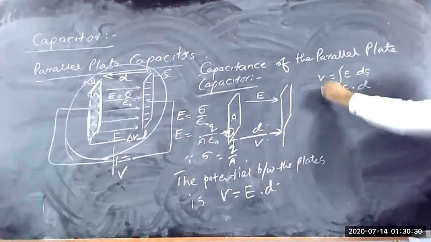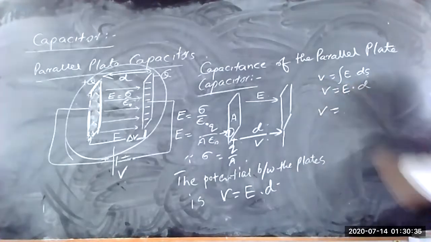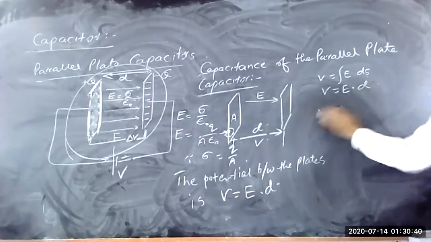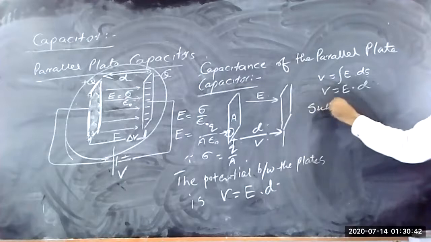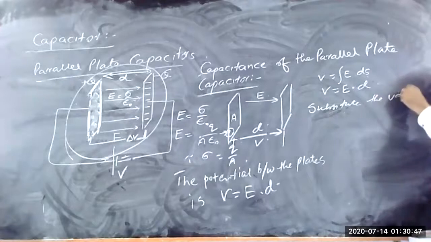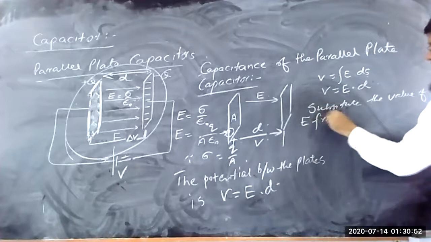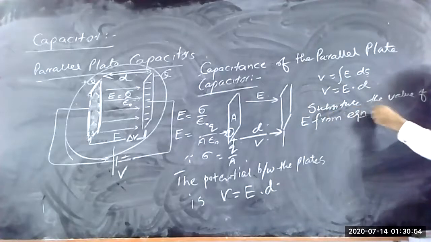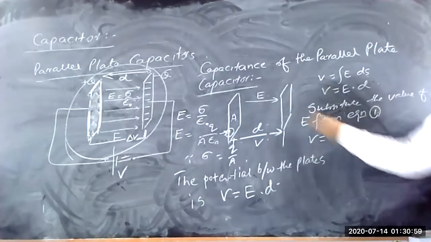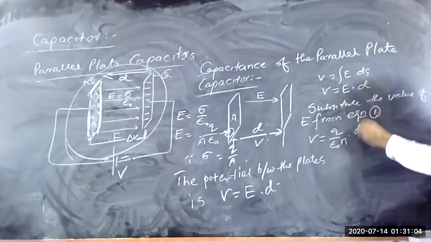So the potential between the plates is equal to E into D. Substitute the value of E from equation 1. So we get V is equal to Q upon epsilon naught A into D.